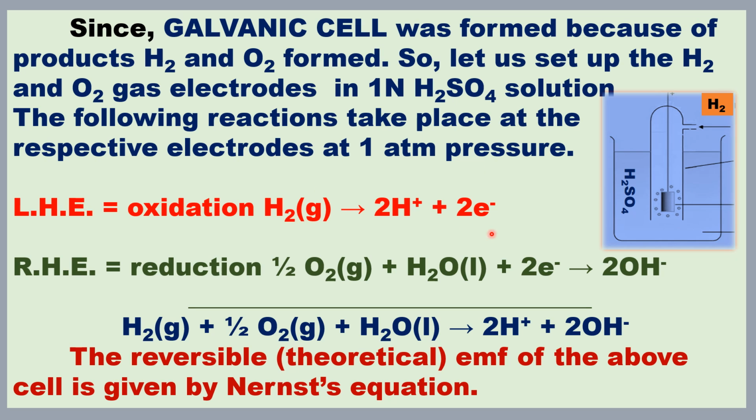Similarly, the oxygen gas evolved is now reduced to give OH minus ion. So the reversible theoretical e.m.f. of the above cell is given by the Nernst equation. Since it is a galvanic cell, the Nernst equation can be applied to calculate the reversible e.m.f. of the hydrogen gas electrode and oxygen gas electrode.